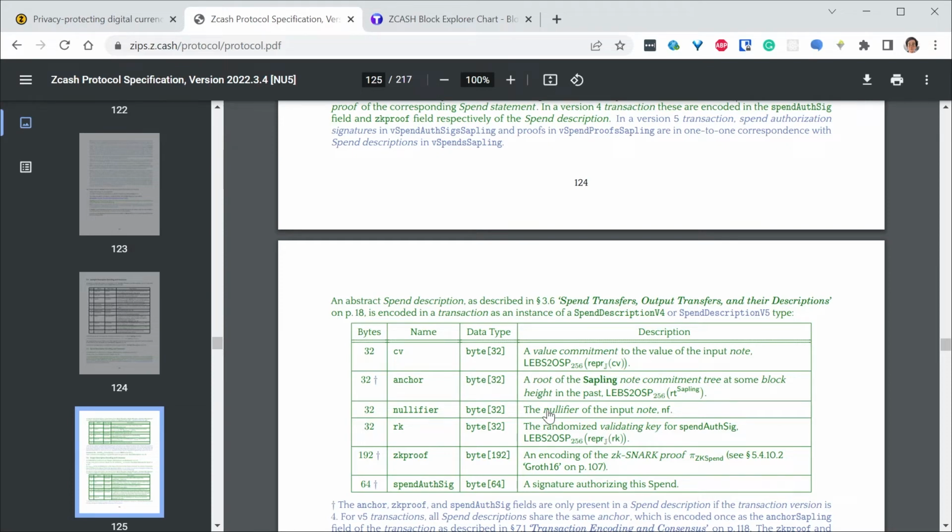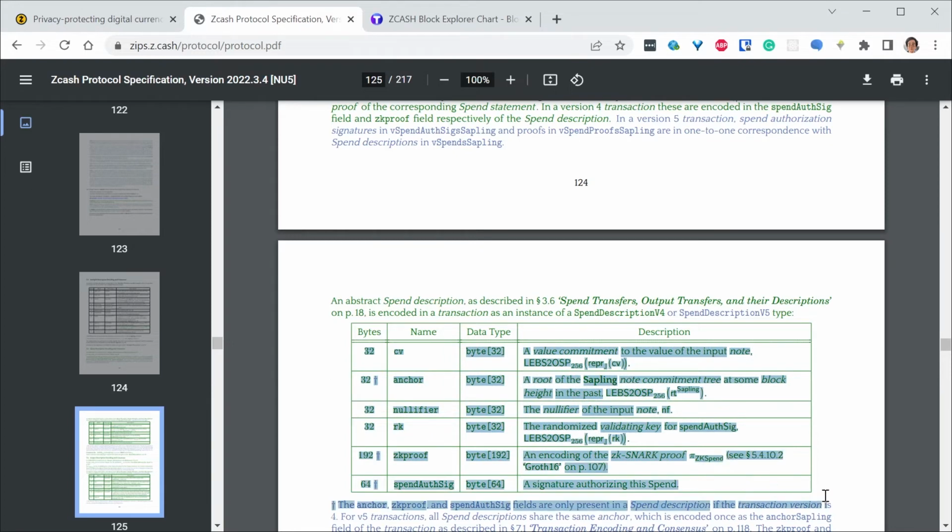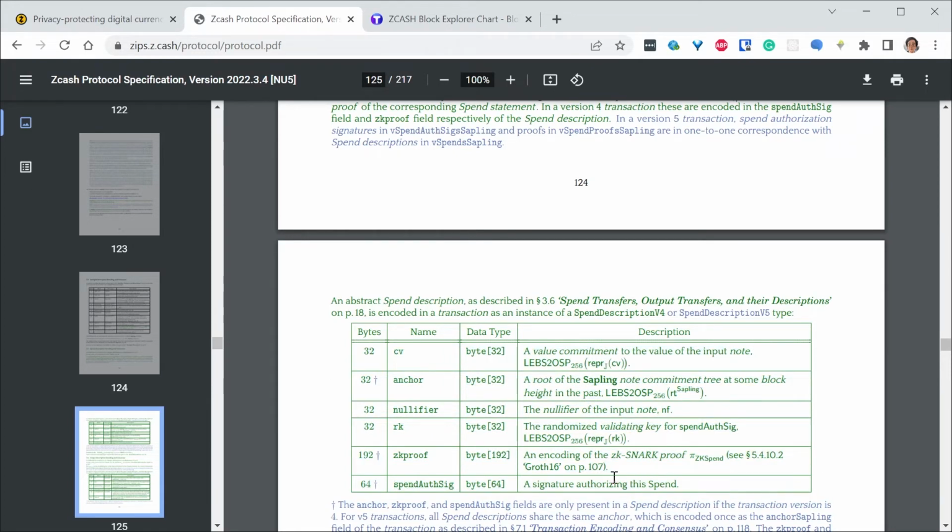If you spend something in your transaction, you're going to get one block like this, if you're basically spending one note. But this is not what the light wallet really needs. It will only take the nullifier. So all the rest, which are 32, 32, 32, 32, 192, and 64, meaning CV, anchor, RK, ZK proof, and spend author signature, are not going to be transferred to the wallet.